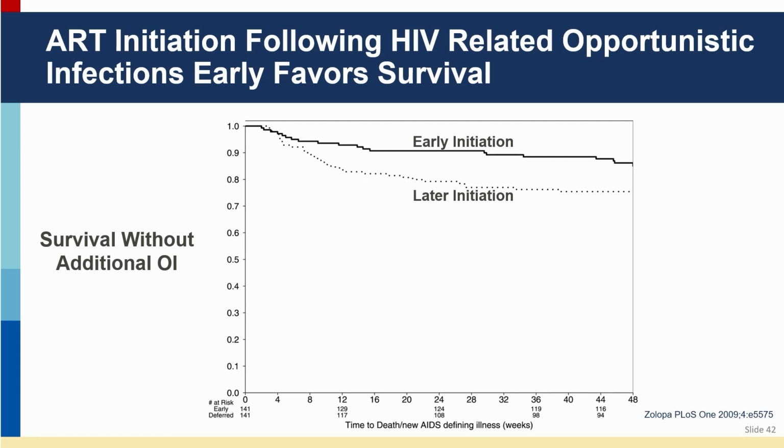I think also this study is one, just like the one you showed earlier from Bozzette, where it's important to know the genesis. This was the primary endpoint, survival without an OI, but it did not meet it. And there were very few OIs in this case, if you stratify by the types of OI. But that is the best data we have, which is not a whole lot and which is very old.